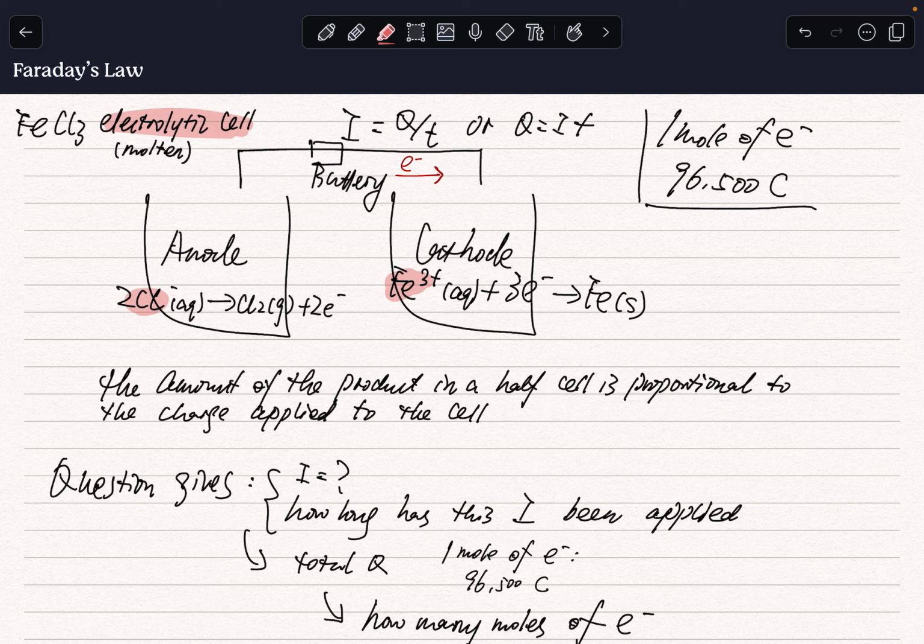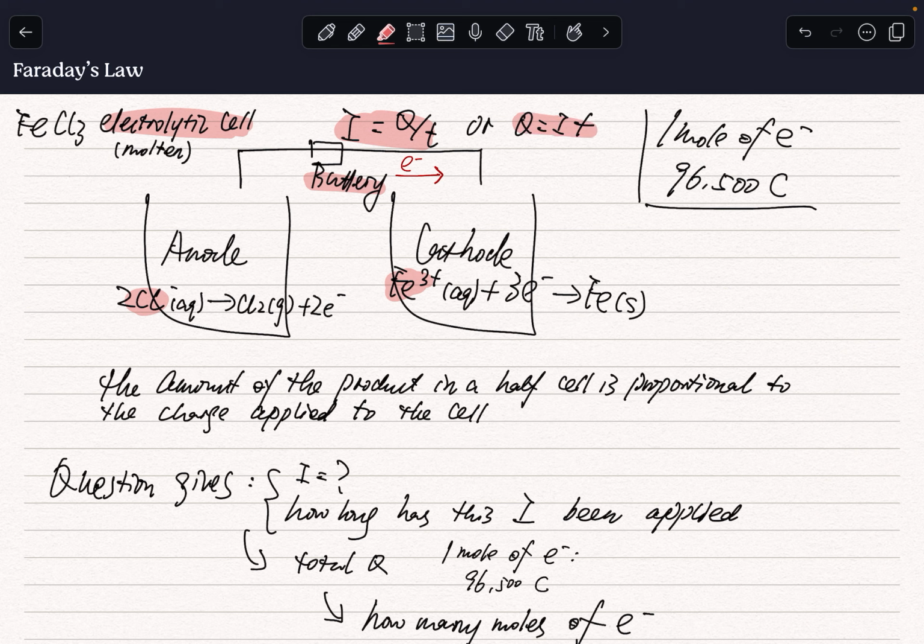And because it's non-spontaneous, we want to introduce the battery that will provide the electrical energy for the non-spontaneous flow of the electrons, right? Going from this side to this side. Okay, and then we know that the current equation is current equals the charge over time, or we can say that the charge equals current times the time, right?